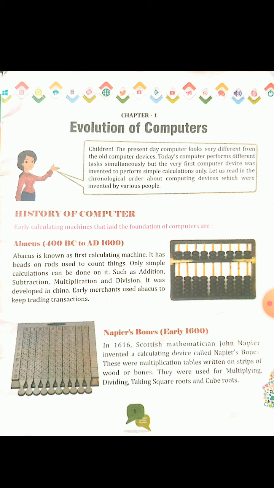In this picture, you can see the different rods and beads, and it is divided into two parts. The upper part is smaller and the lower part is bigger. Counting on the abacus can be done by sliding the beads across the rods.